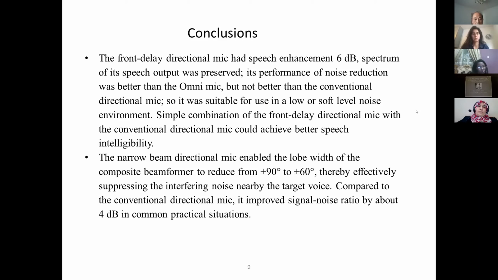Compared to the conventional directional mic, it improved signal noise ratio by about 4 dB in common practical situations.